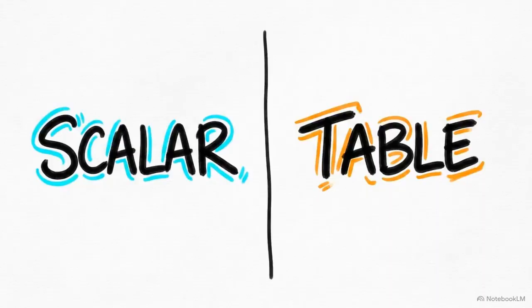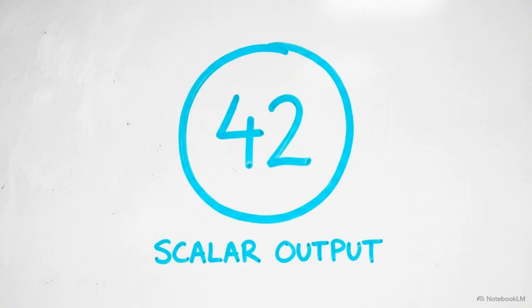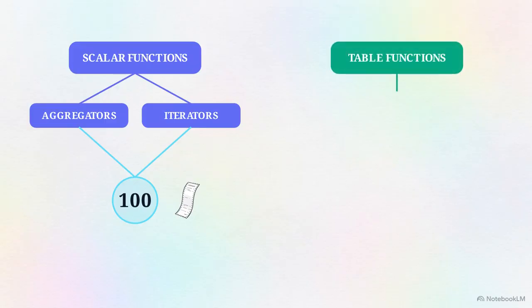Functions in DAX are divided into two main categories. The first are scalar functions. These evaluate data and return a single definitive value, like a string of text or a numeric total. Both standard aggregators and iterators fall strictly under the scalar umbrella, as their ultimate goal is to output a single number for the report. The opposing category consists of table functions.